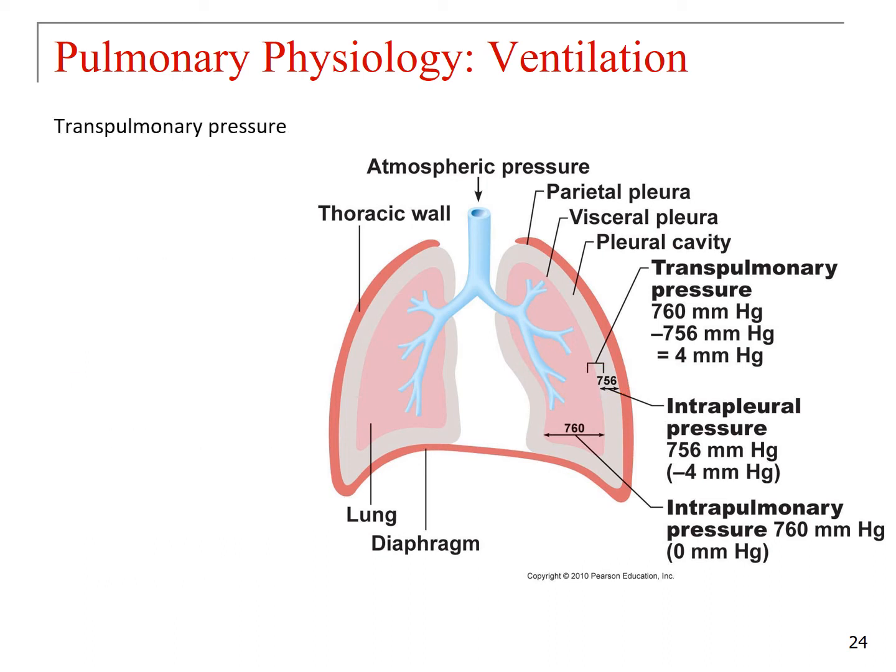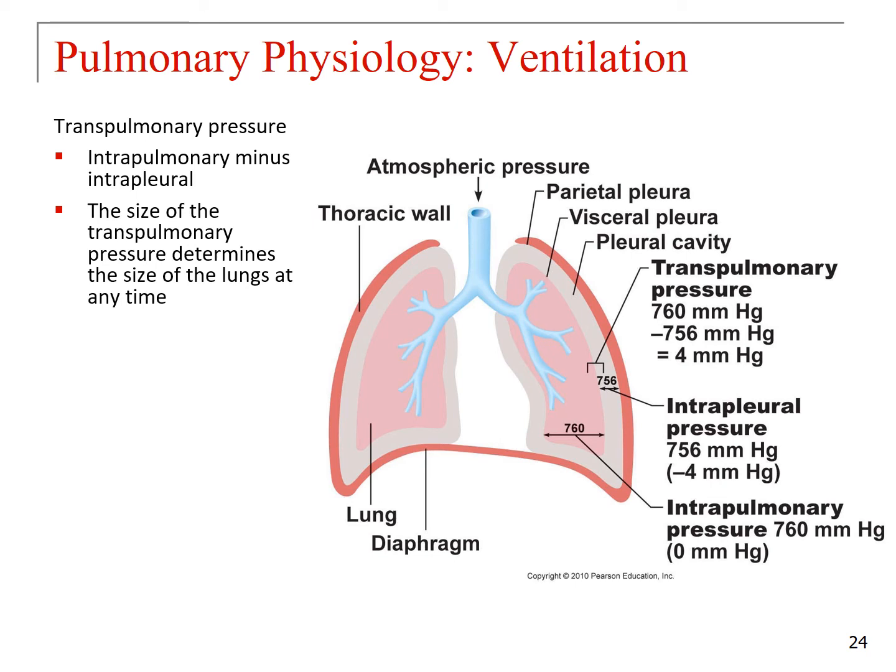Okay, transpulmonary pressure is the difference between intrapulmonary and intrapleural pressure. The size of this transpulmonary pressure will determine the size of the lungs at any time. I said that if you reduce your intrapulmonary pressure from 760 to 759, you would see a corresponding drop in intrapleural pressure from 756 to 755, but there's going to be a little bit of a lag there.